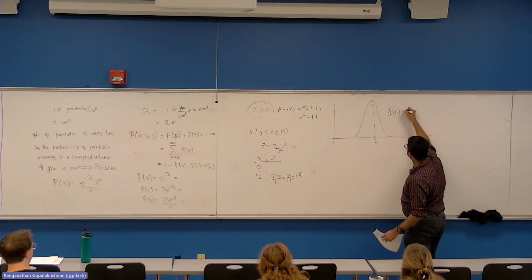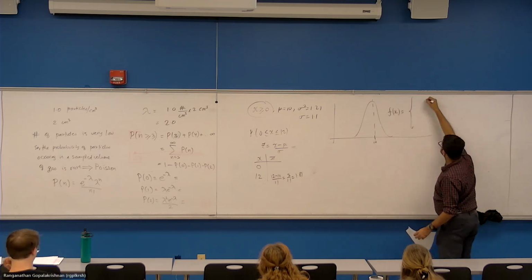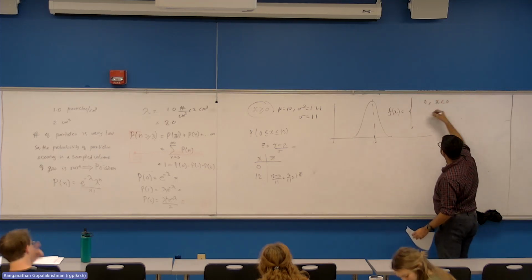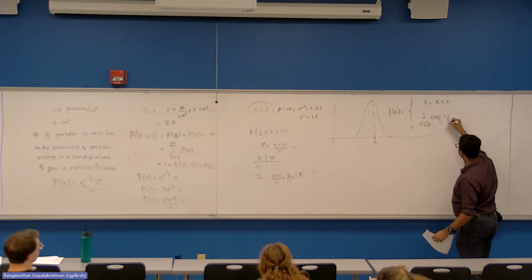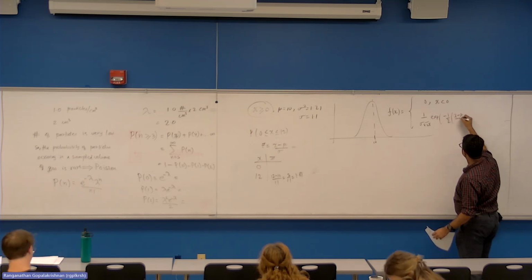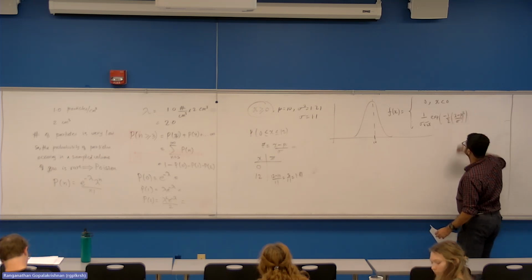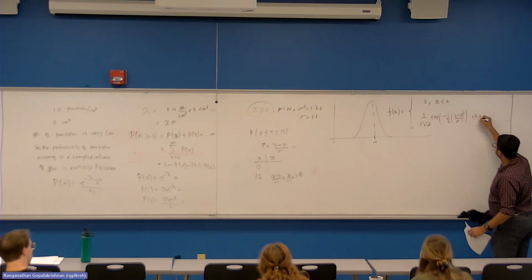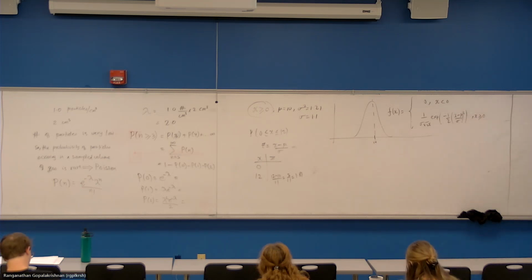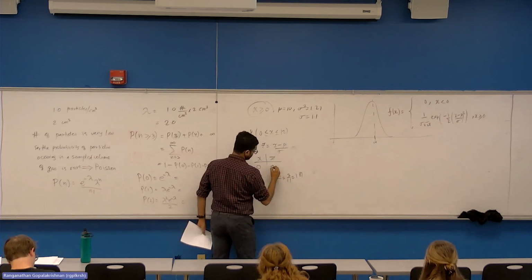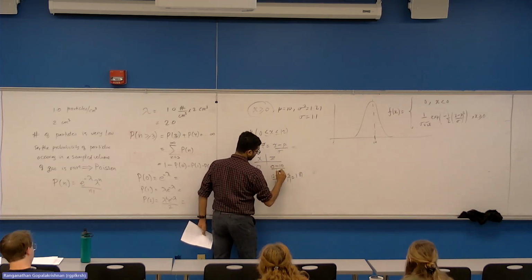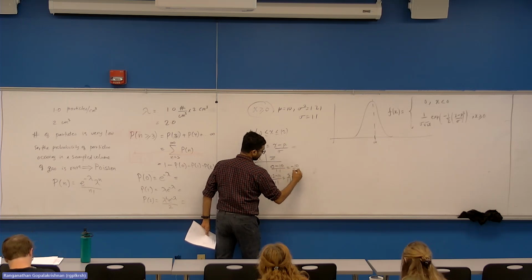The probability density function is split as 0 for x less than 0, and 1 over sigma square root of 2 pi exponent of minus 1 half x minus mu divided by sigma whole squared for x greater than or equal to 0. So if we want to write what is 0 here, 0 minus 10 divided by 1.1. What is minus 10 divided by 1.1?